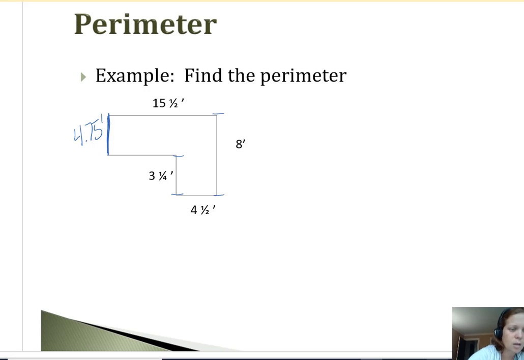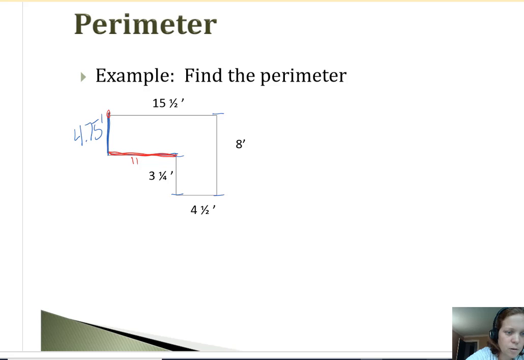I'm just going to change it to decimals at this point. Same thing with the horizontal. If I don't know this side, so the top, the full horizontal is 15.5. So if I subtract 4.5, I'd be left with 11. And this is all feet.